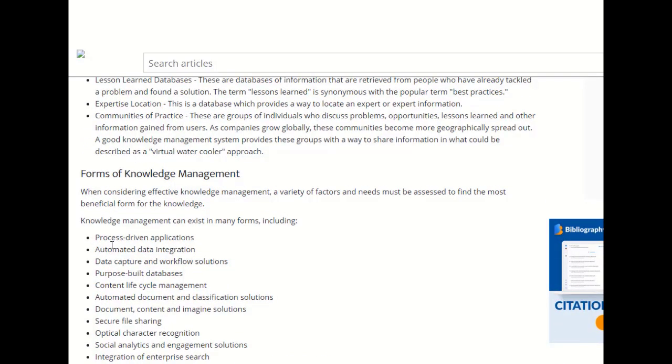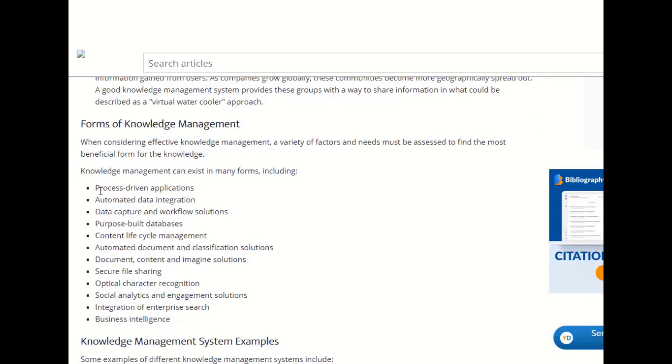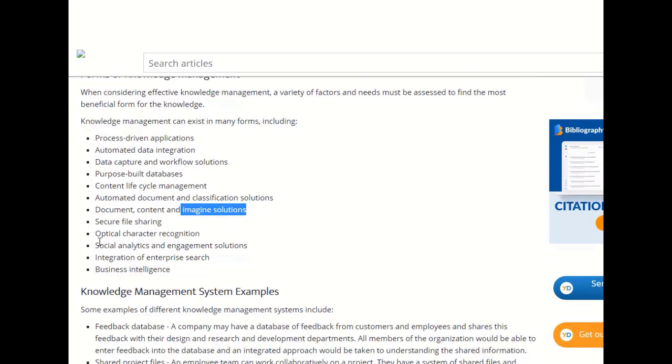So here are the knowledge management forms: process-driven applications, automated data integration, data capture and workflow solutions, purpose-built databases, content lifecycle management. We have automated document and classification solutions. We have document, content, and imaging solutions. Secure file sharing. We have optical character recognition.